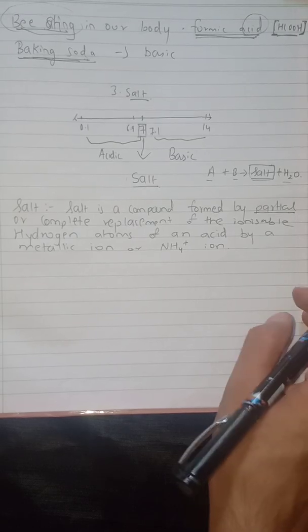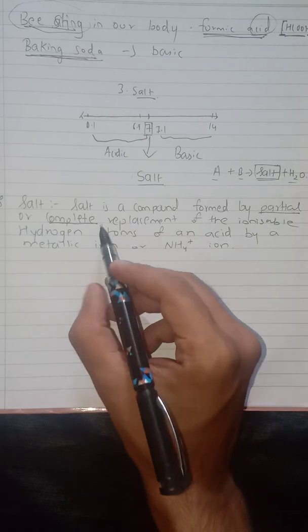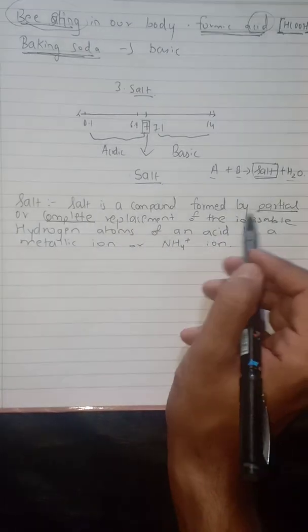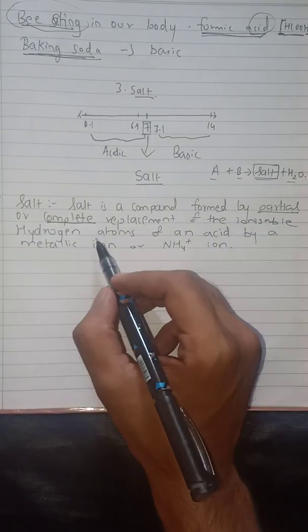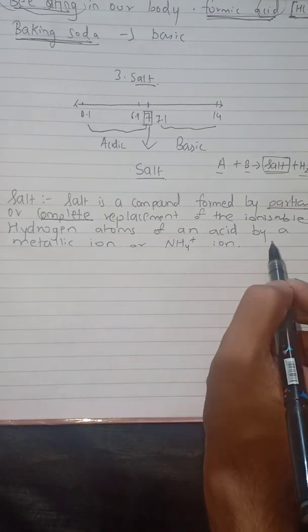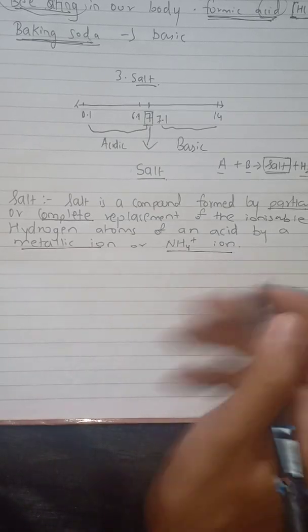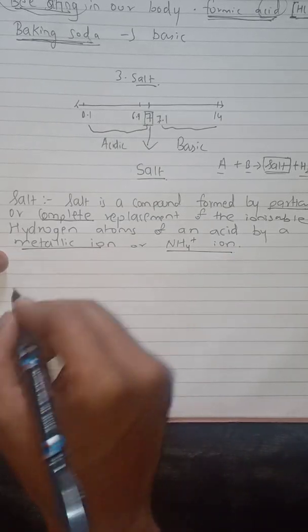In this definition there are two important words. A salt is a compound formed by the partial or complete replacement of the ionizable hydrogen atom of an acid by a metallic ion or an ammonium ion. Let's understand with a simple example.